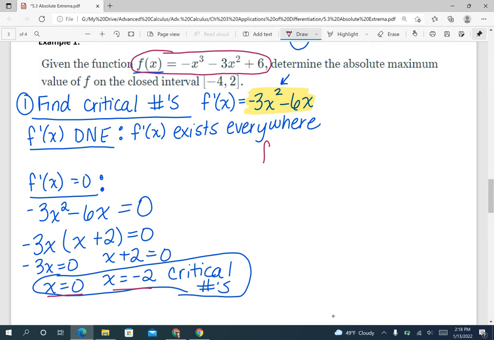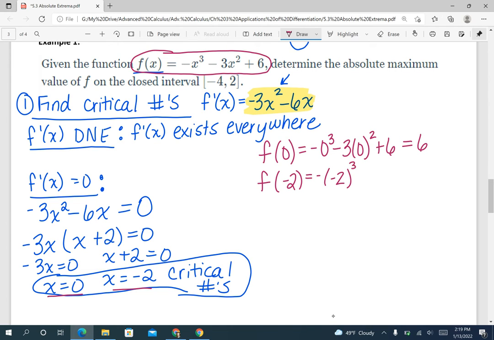So I need to find f of 0 and f of negative 2. So f of 0 would be negative 0 cubed minus 3 times 0 squared plus 6, and I get 6. F of negative 2 would be negative 2 cubed minus 3 times negative 2 squared plus 6.